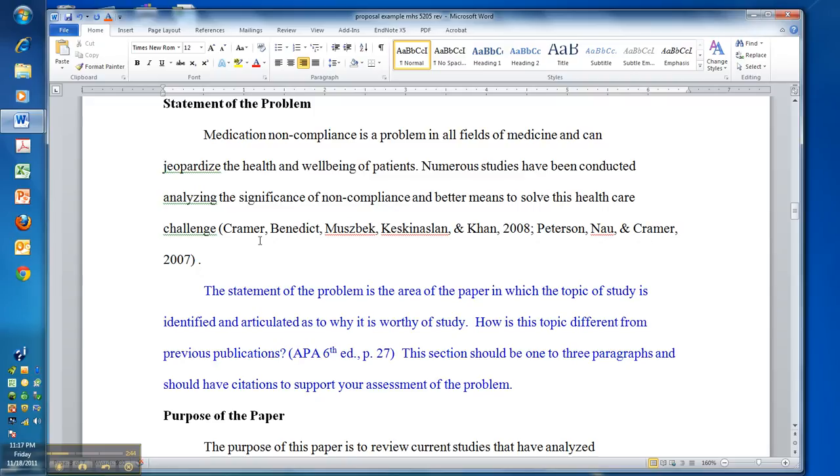The next time I will be able to say Kramer et al., comma 2008, and Peterson et al., comma 2007. But the first time this is correct, and since you cannot have parentheses back to back, anything you want to put into the parentheses is separated by the semicolon.